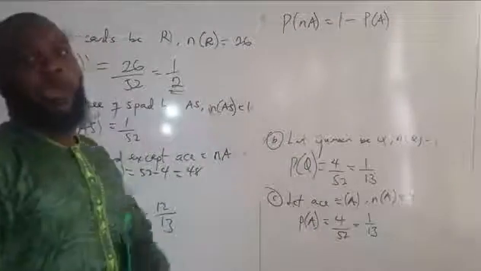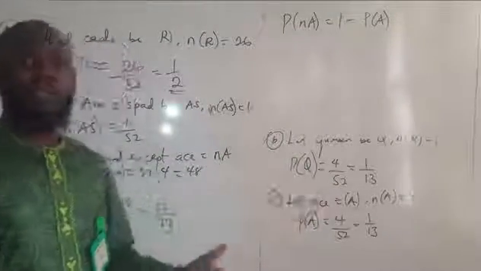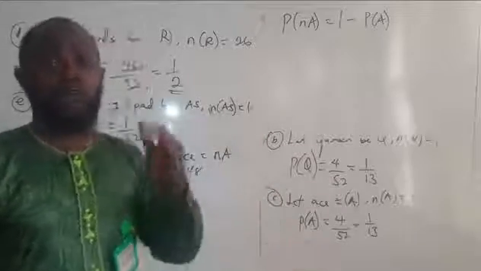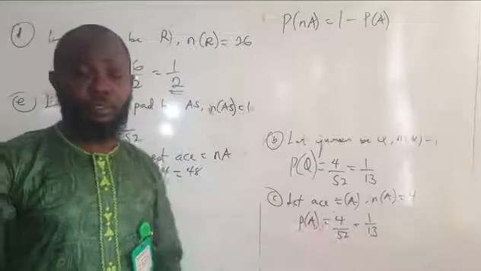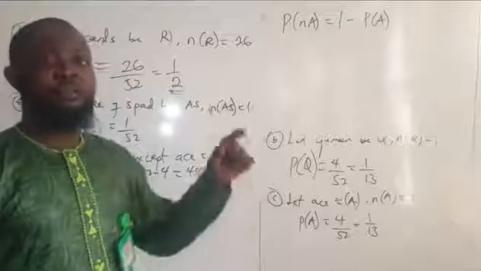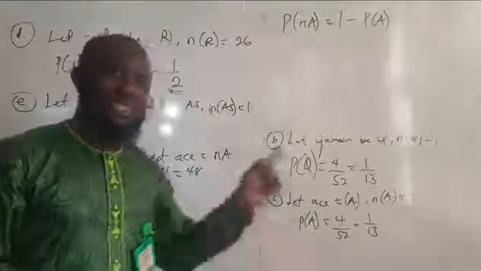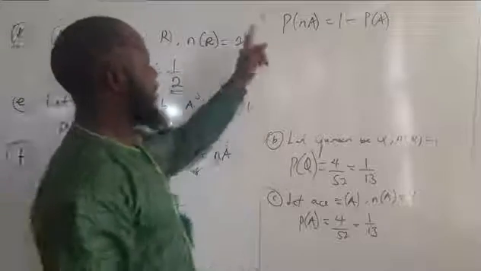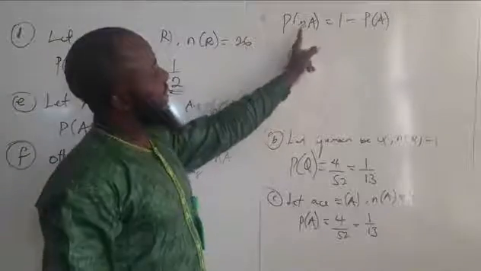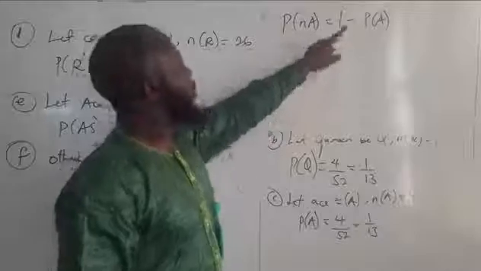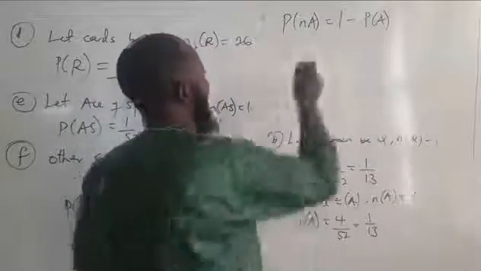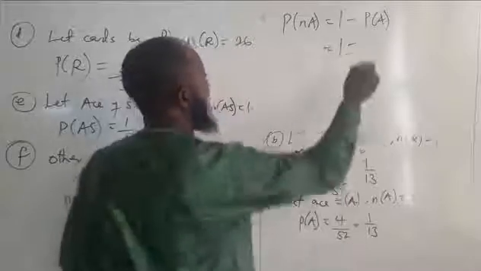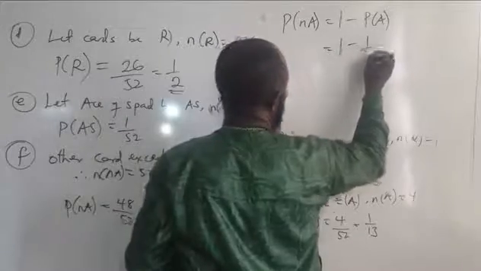So probability of an event happening is 1 minus the probability that the event will not happen. Again, probability of an event not happening is 1 minus probability of the event happening. So probability of not ace is 1 minus probability of ace. That means we have 1 minus 1 over 13.